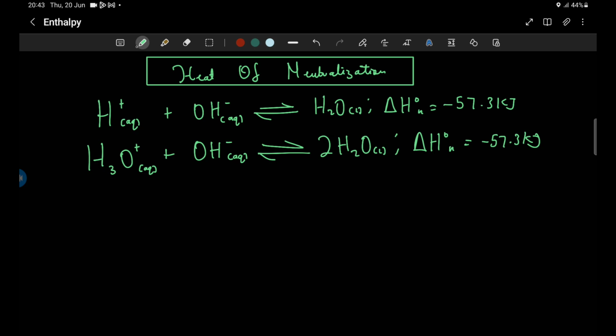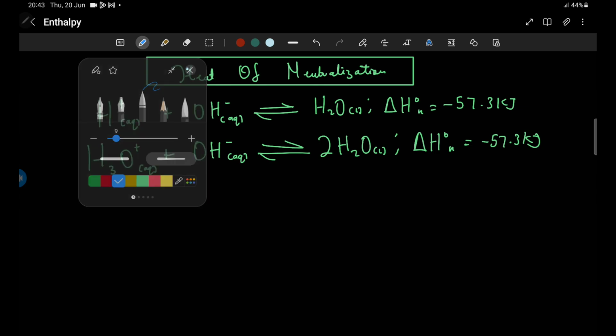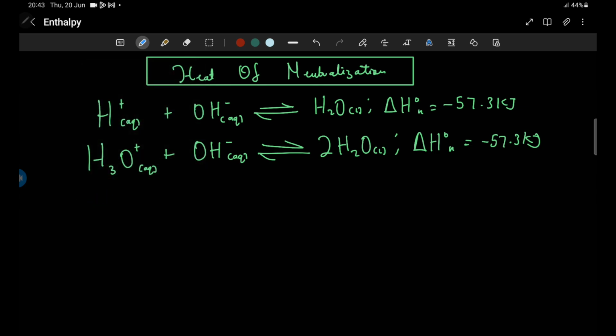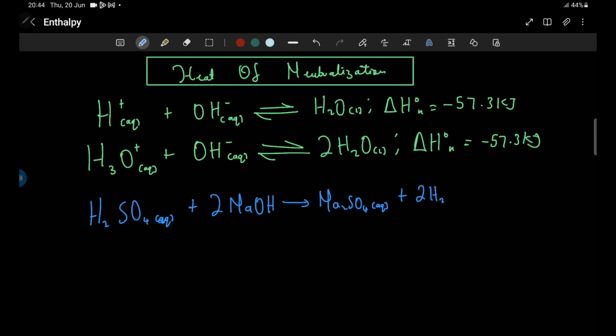Now, let's say we have an example: sulfuric acid reacting with sodium hydroxide to give sodium sulfate and water. The heat of neutralization here is minus 114.6 kilojoules.